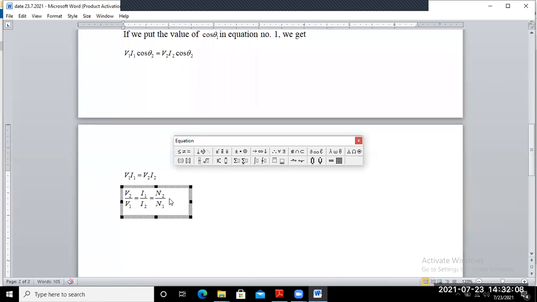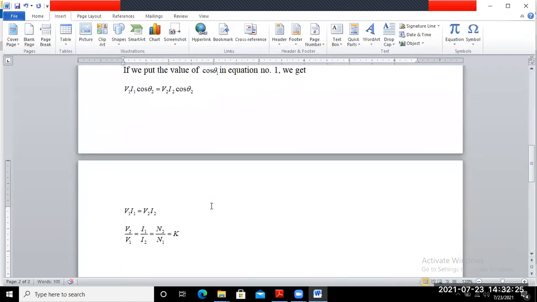That is represented here by K. This K value lies between greater than 0 and less than 1, and near to 1.